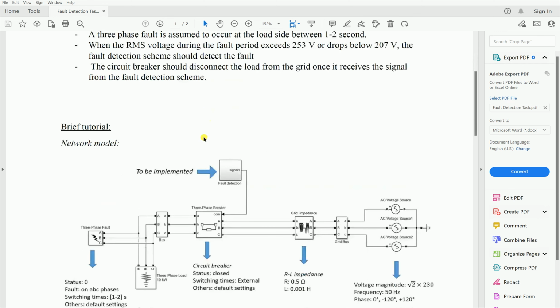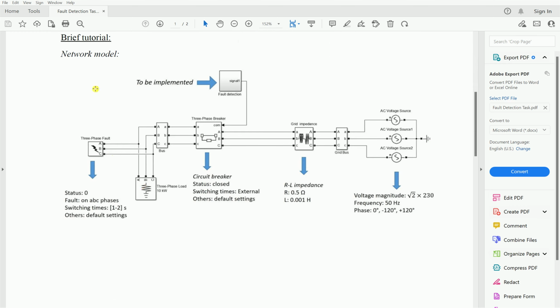As you can see here, this is the system that we would like to design. We have a three-phase supply and the grid bus measurement, which measures the output voltage and current. Then we have the grid impedance, which is the impedance of the transmission line.